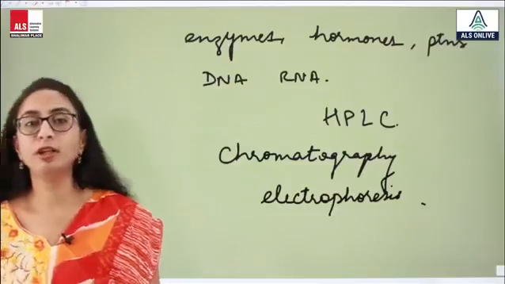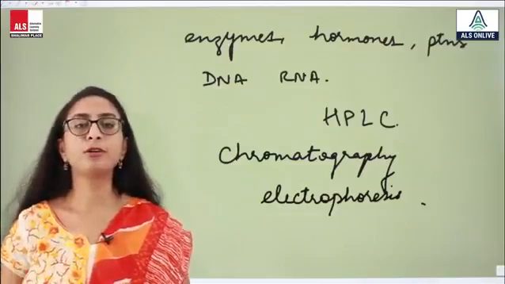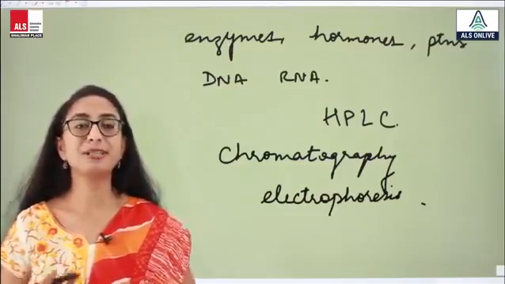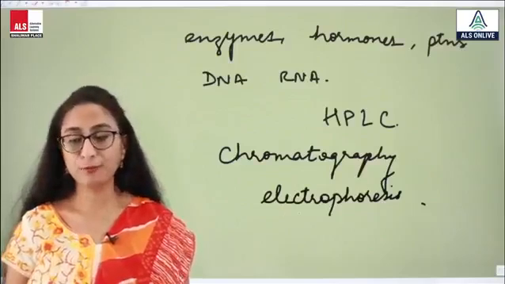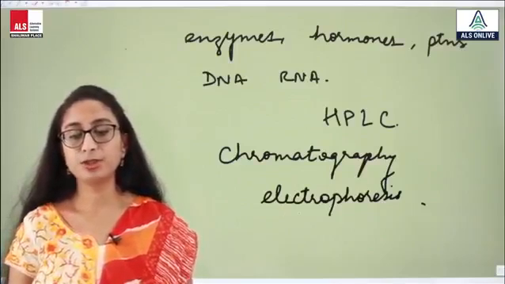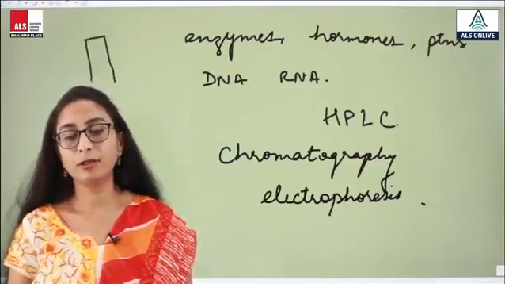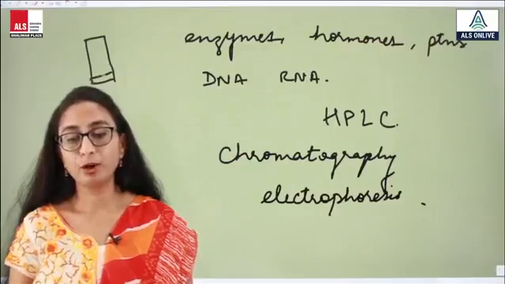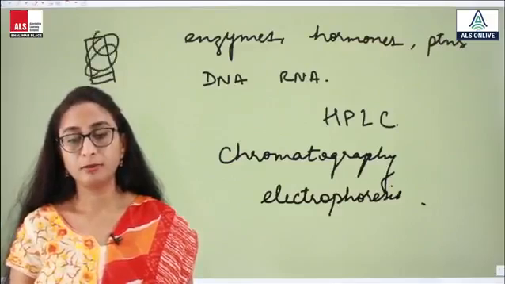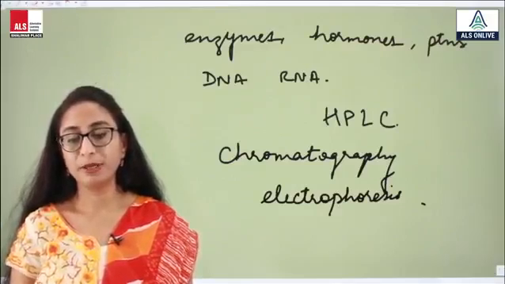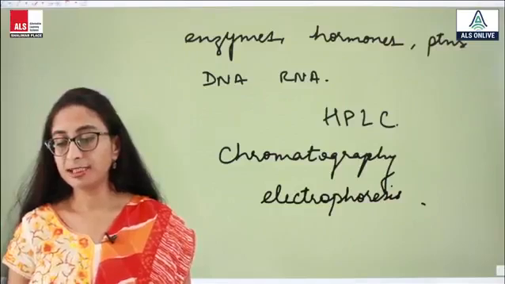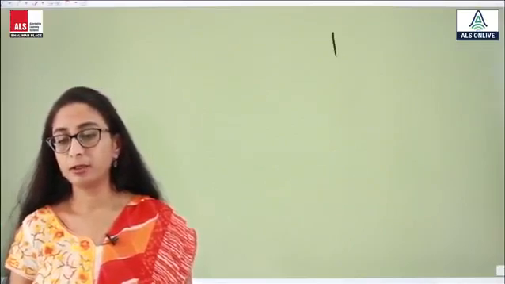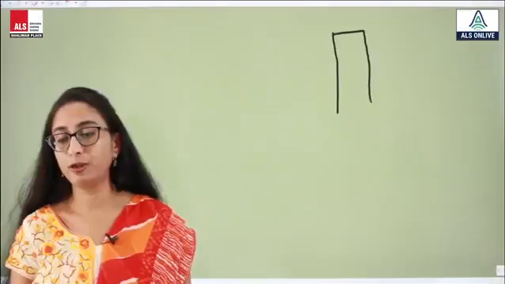So if any of you are from life sciences, your background in degree was BSc or MSc, definitely you would have done these chromatography experiments. The first and foremost simple experiment which we used to do is paper chromatography. So what we would do is we used to take the chromatography paper, we used to make a mark over here and we used to make different dots. We used to do all this paper chromatography, electrophoresis, all this as part of our practicals in both BSc and MSc. So a paper is taken, a chromatography paper. This is how the paper chromatography is done.